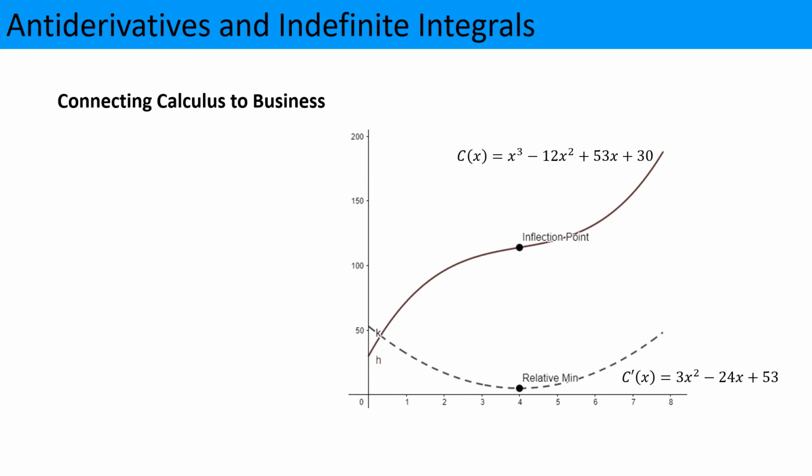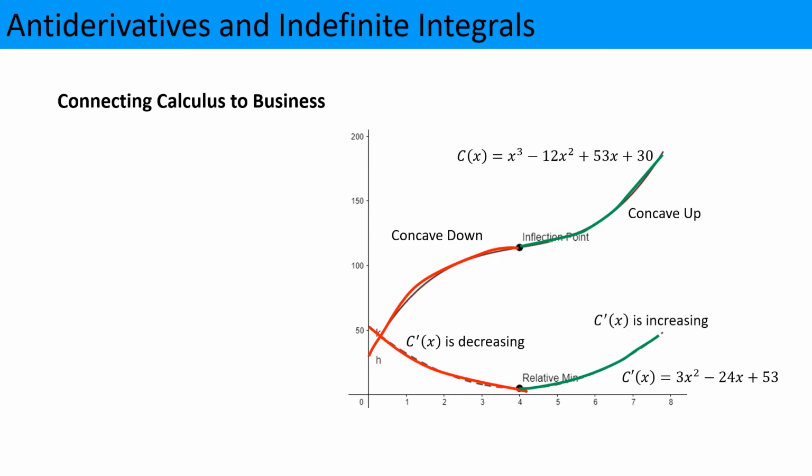Let's connect this calculus to business. Provided for you is a graph of both the cost function and the marginal cost function. The cost function has a concave down portion where the derivative is decreasing, and the cost function has a concave up portion where the derivative is increasing.